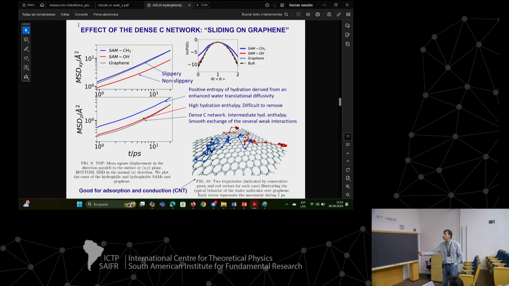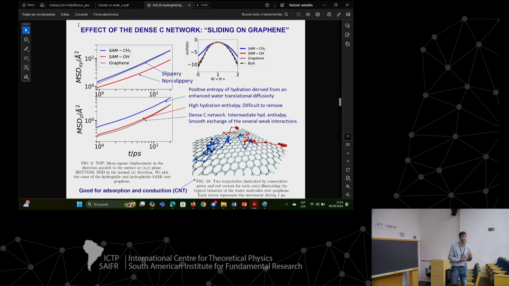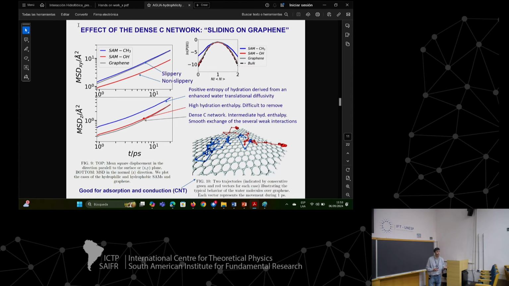But when you look at the normal direction, which would give you an idea of how difficult it is to extract a water molecule from the surface, related to the hydrophobicity or hydrophilicity of the surface, the behavior is opposite.